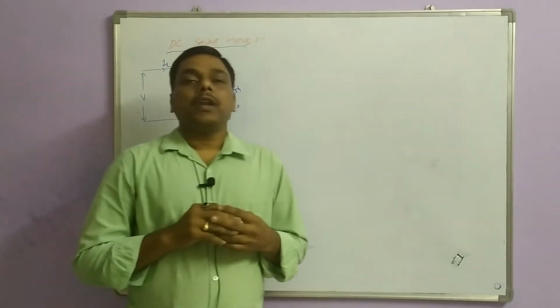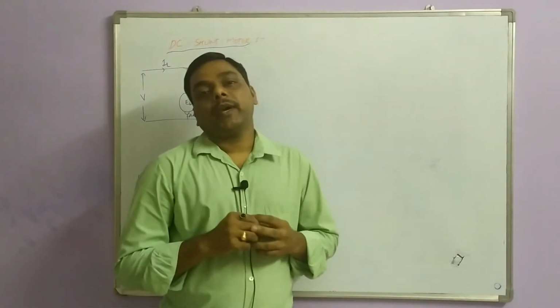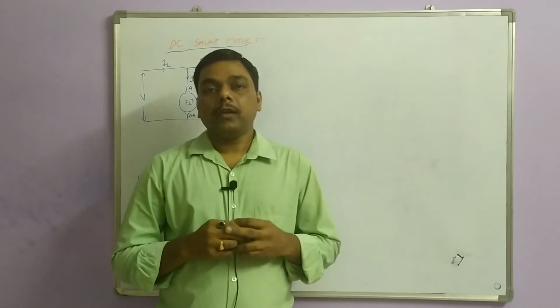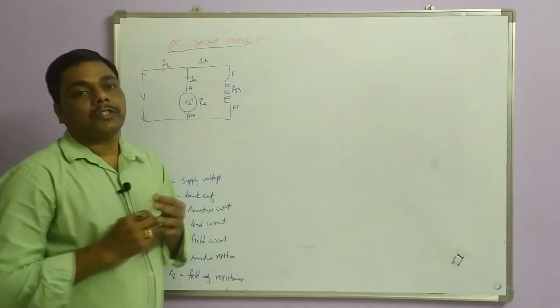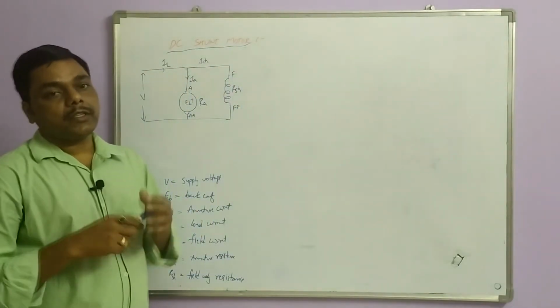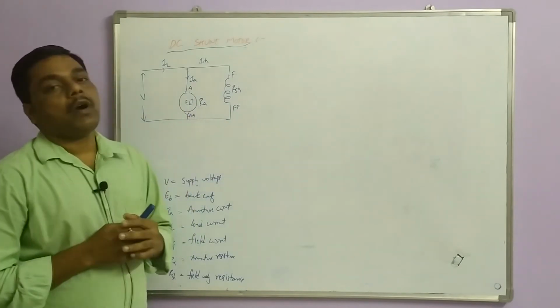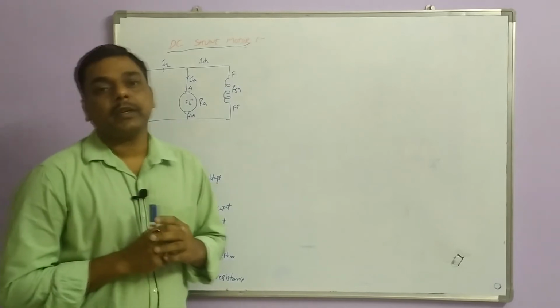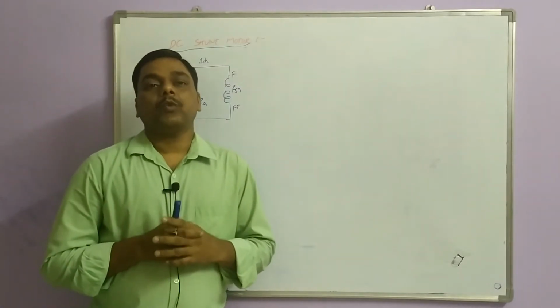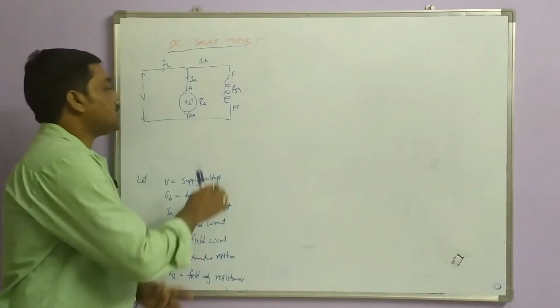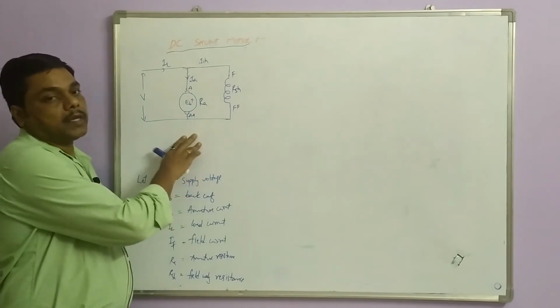Now we'll go for the relations between voltage and back EMF for the DC shunt motor. We already discussed that a shunt motor is nothing but a parallel connection, where the field winding is connected in parallel to the armature winding. Now this is the shunt motor connection diagram.